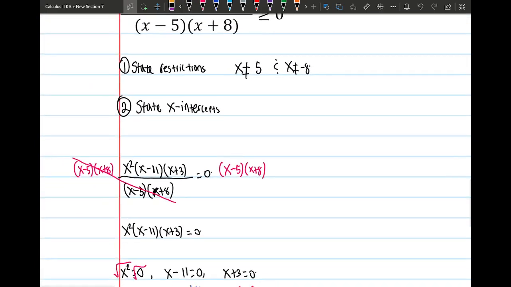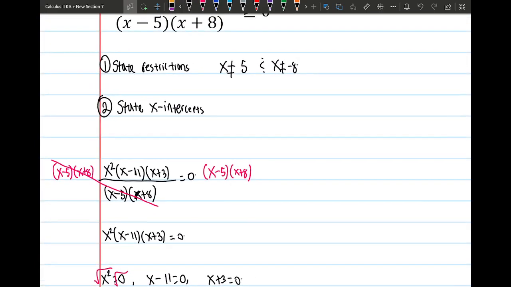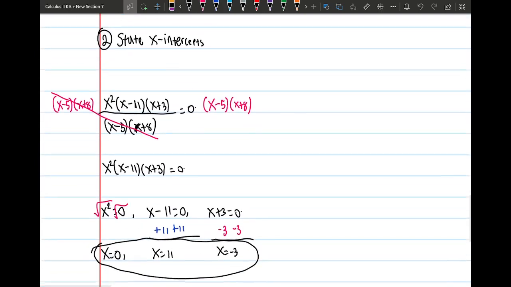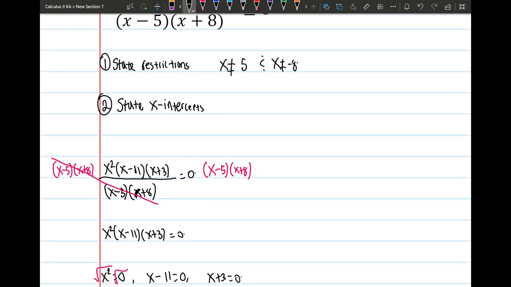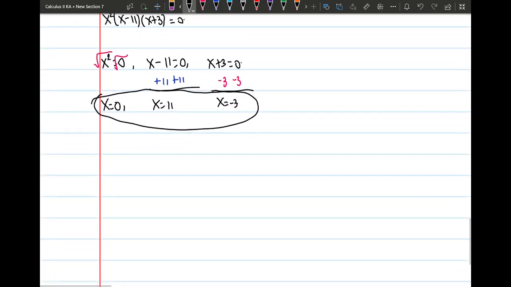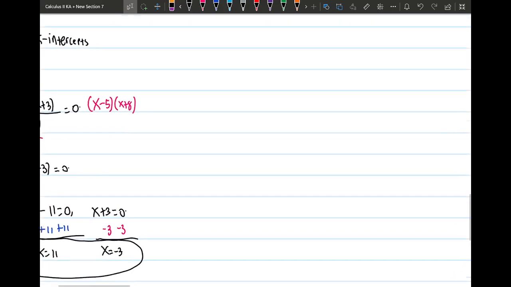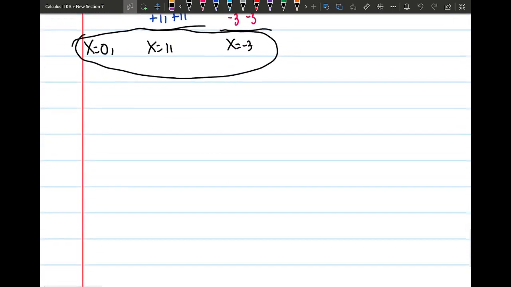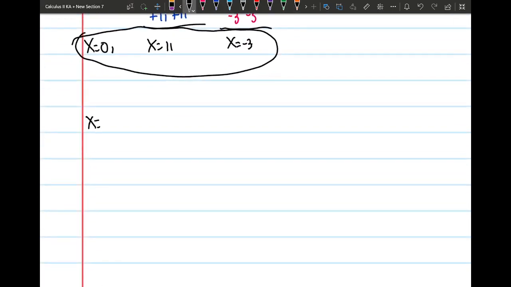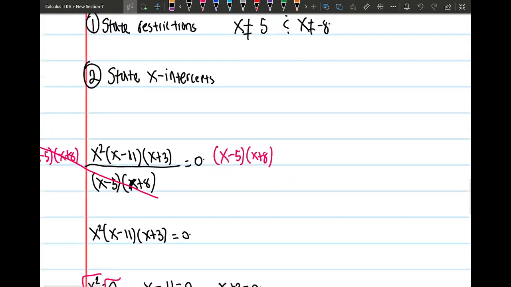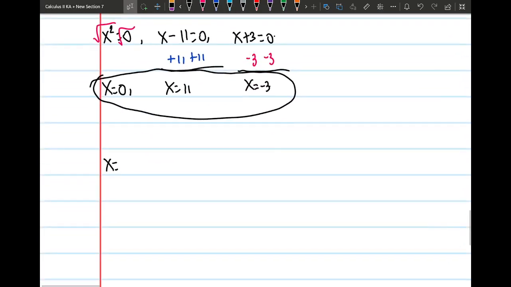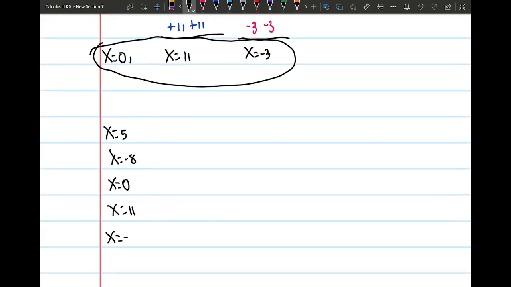Now, the next thing I am going to do is make a number line stating both my restrictions and my x-intercepts. So going in order, we had x equals 5, x equals -8, x equals 0, x equals 11, and x equals -3.